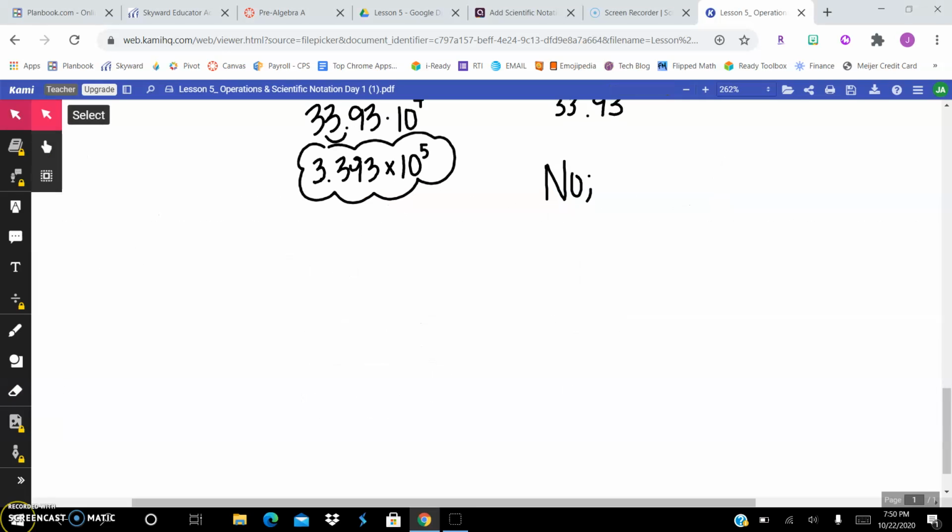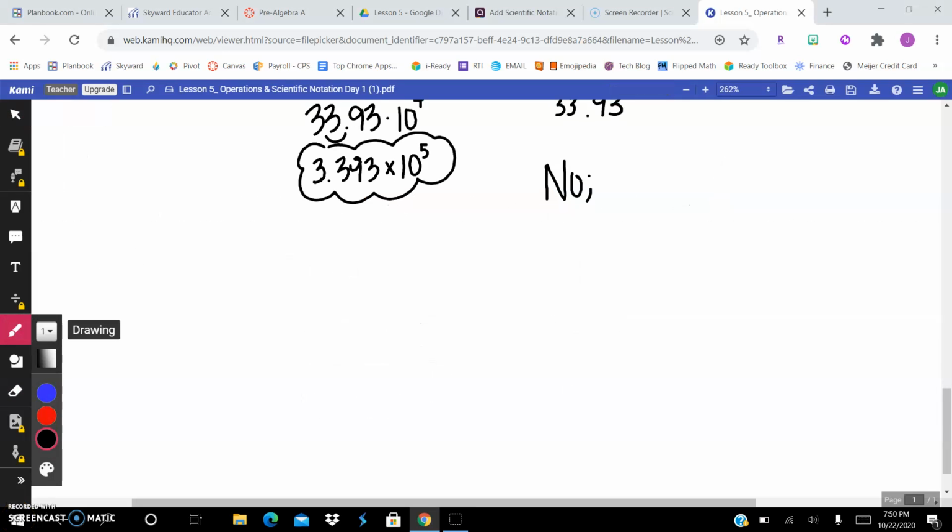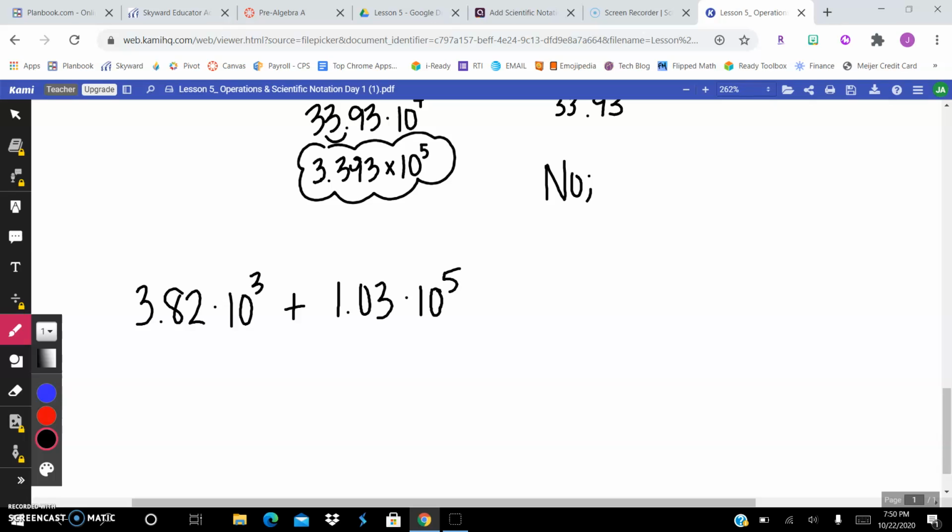And we're going to do one more problem here. We'll have 3.82 times 10 to the third plus 1.03 times 10 to the fifth. So in order to add, we have to have the smallest exponent.